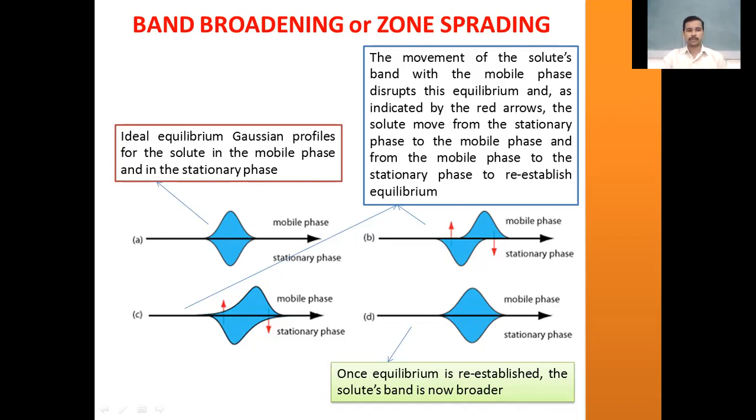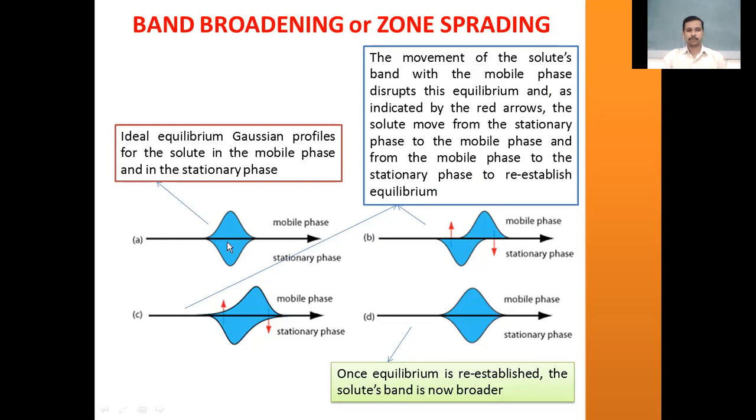Once the sample is introduced to the chromatographic column, the mobile phase passes through the column, and it will not only move itself, but also carry the solute molecules. So the solute molecules will be distributed between the stationary and mobile phase.